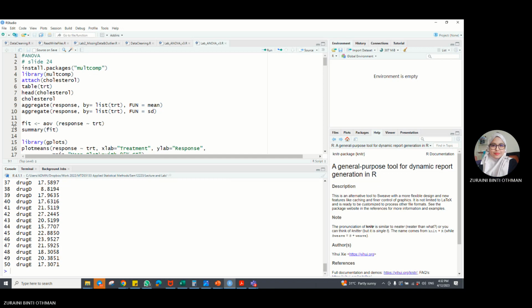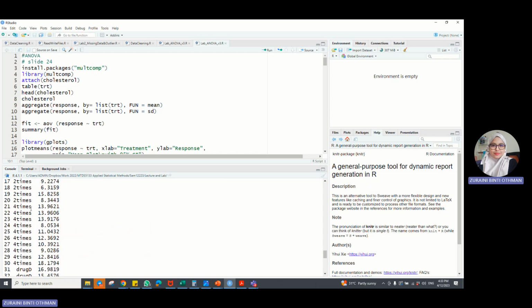Here, aggregate. Just now we called the cholesterol table, and this is the aggregate mean, the group mean. This is the mean for the group one time, two time, four time, and for drug D and E. Looking at the output, you can see 10 patients received each drug and regimen.